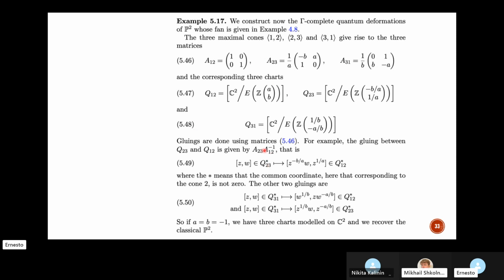And the change of variables between the quantum tori are given by these matrix multiplications. I encoded the matrices in an appropriate fashion so that it would give very naturally the change of coordinates. And this is how the monomial change of coordinates would look in the quantum tori. But of course, B and A could be irrational numbers.